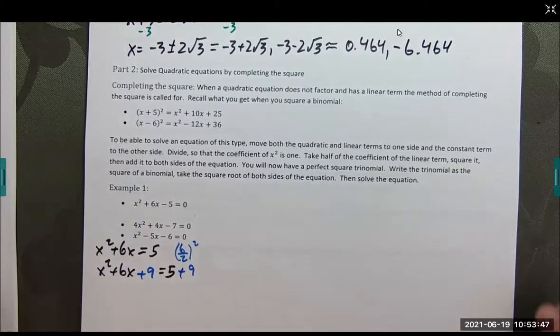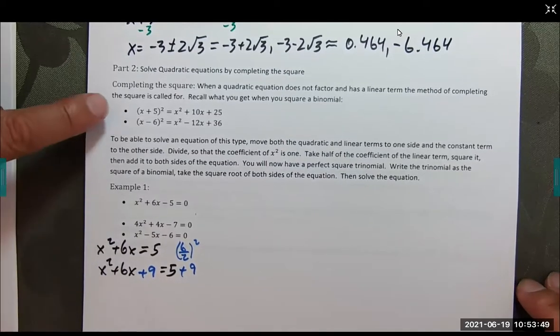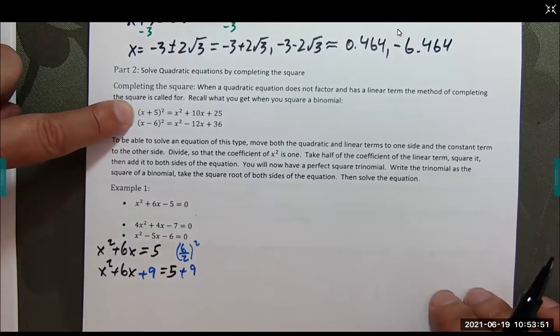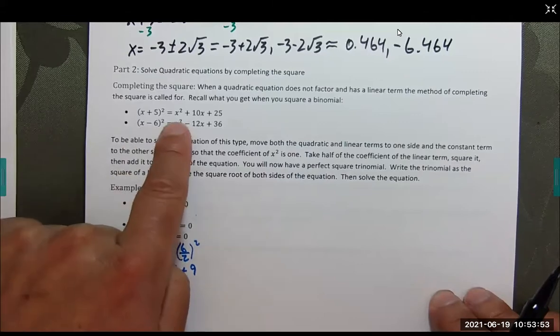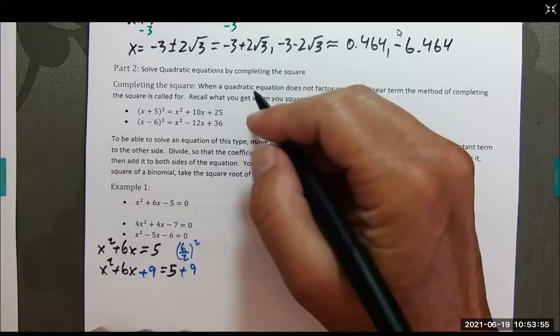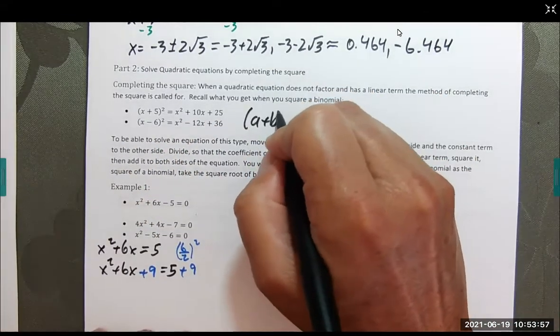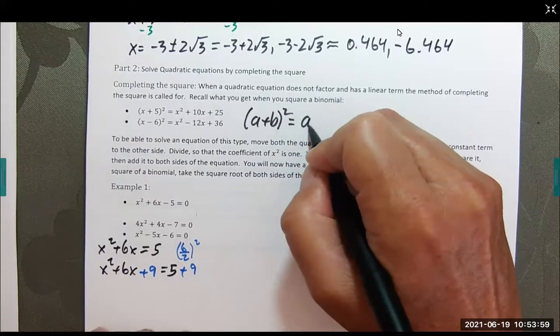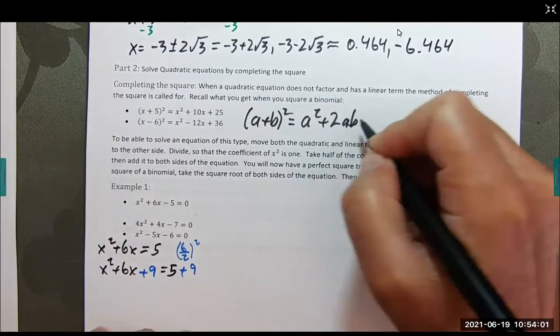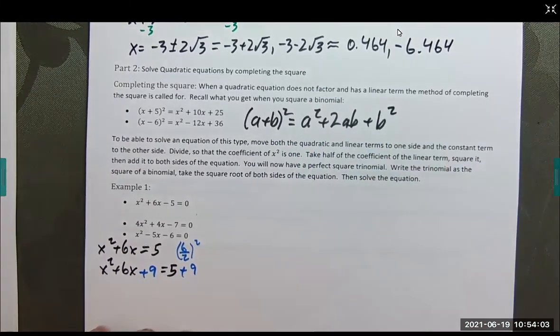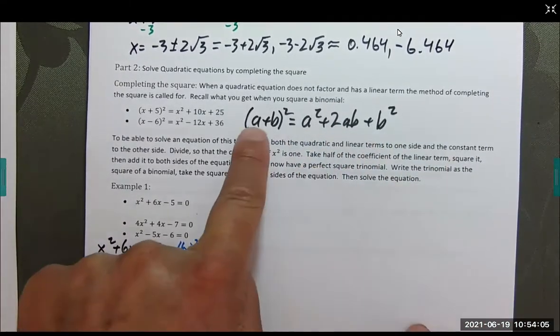Now I've now completed the square. Now what I'm doing is I'm employing this rule, or I'm forcing this idea, and the general rule here is this. And I'm forcing this condition so that I can write it here.